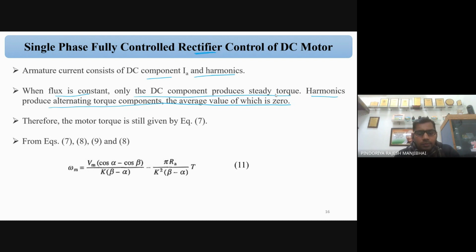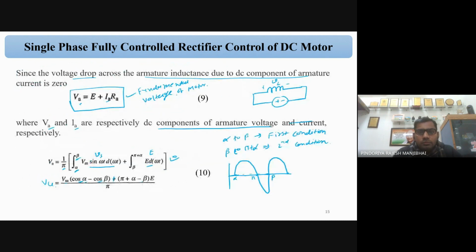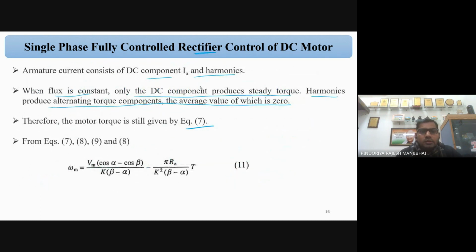Therefore, the motor torque is still given by equation number 7. And what is equation number 7? This is equation number 7, the motor current. So torque is directly proportional to the current.